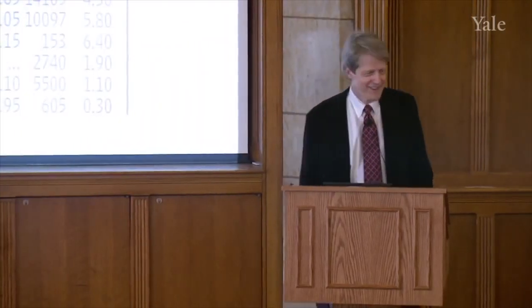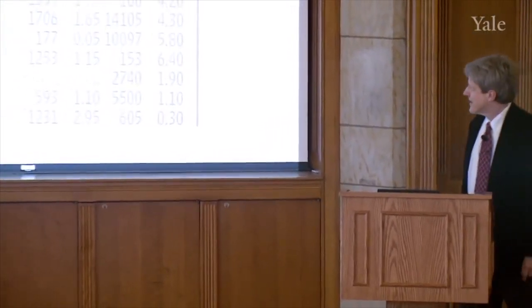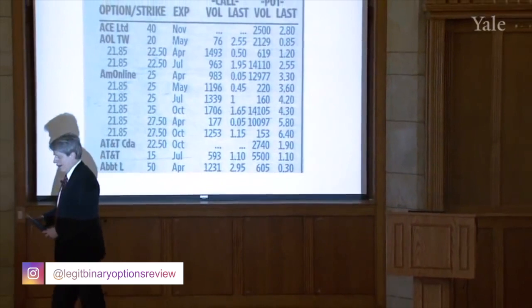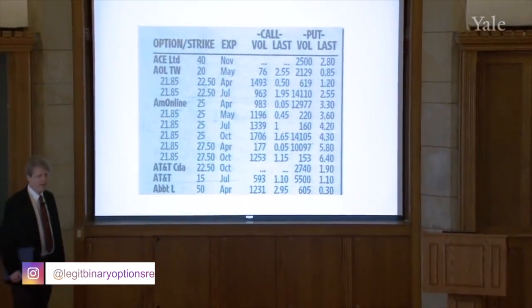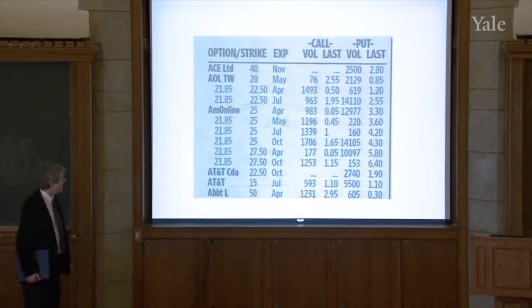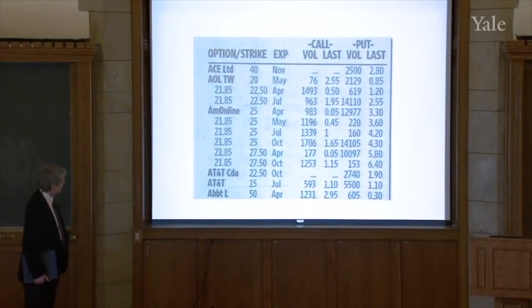But why don't we just stick with the Wall Street Journal? This is a clipping from the Wall Street Journal, April 2002, when they used to have an options page. I just picked America Online because it's an interesting company.